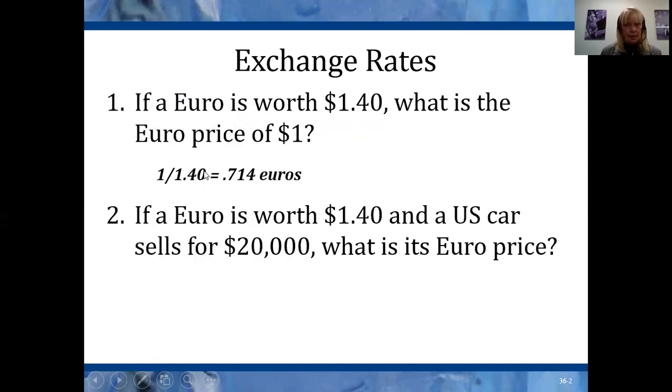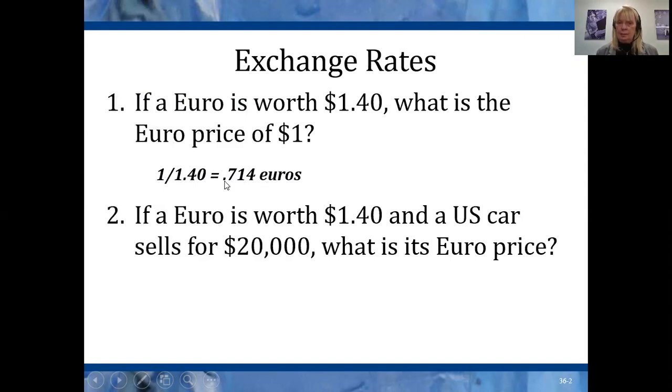Let me say it again because I didn't say that right the first time. If I want to buy 1 euro, if I have $1 to spend, 1 US dollar, I'm going to get 0.714 euros for that dollar.